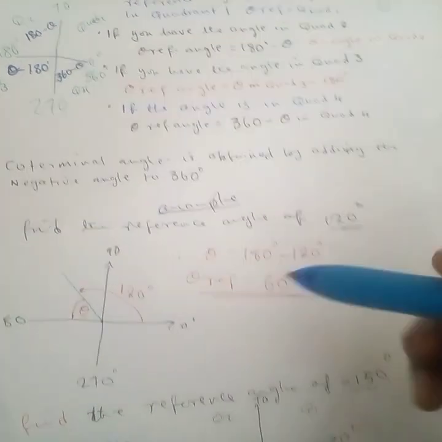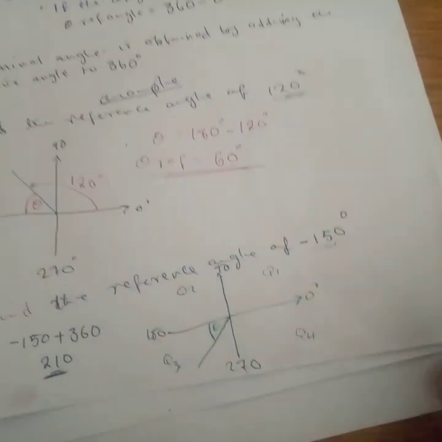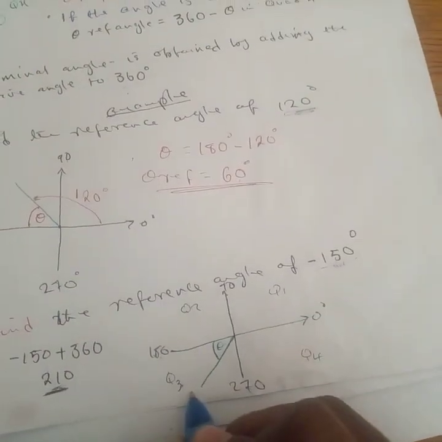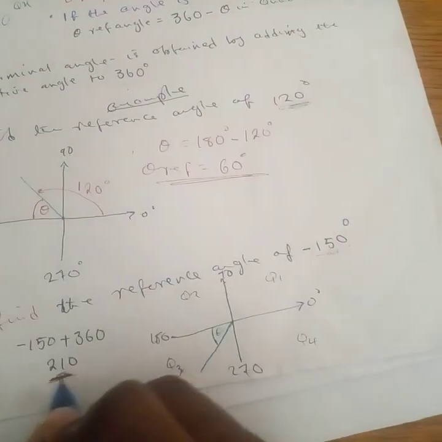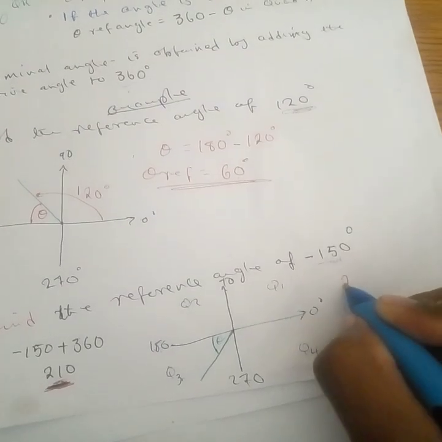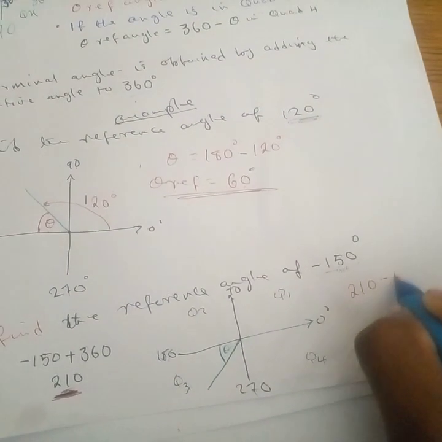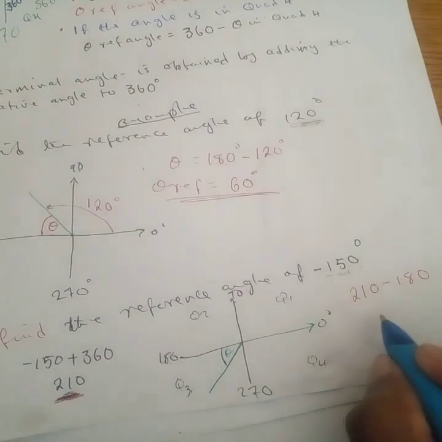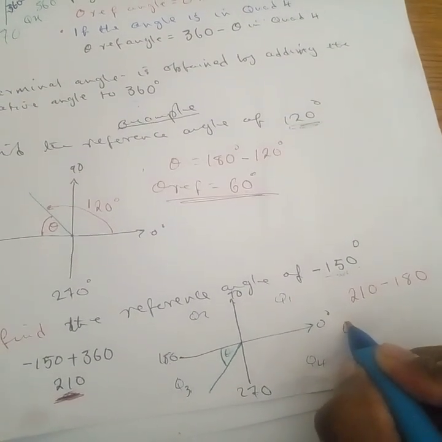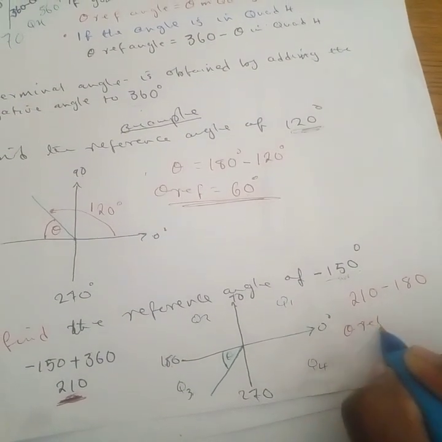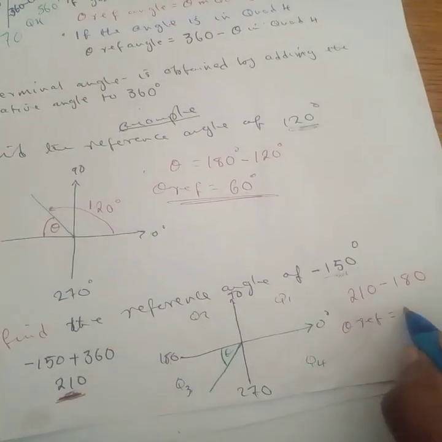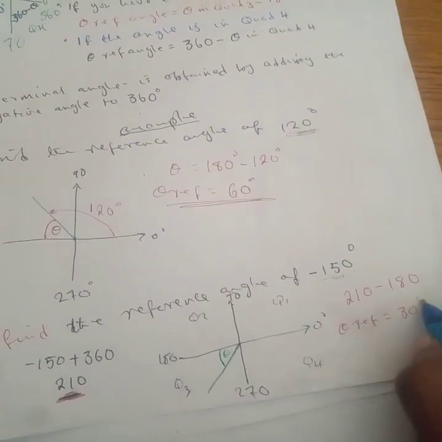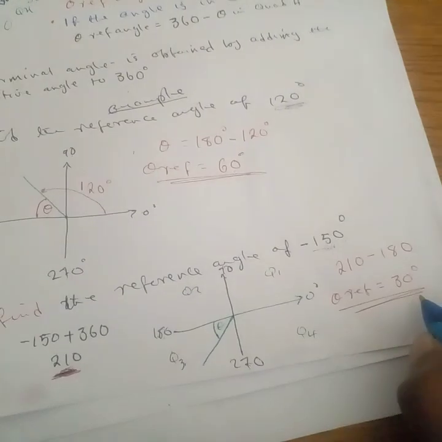The angle we have found is 210, so we say 210 minus 180. Therefore our reference angle is 30 degrees.